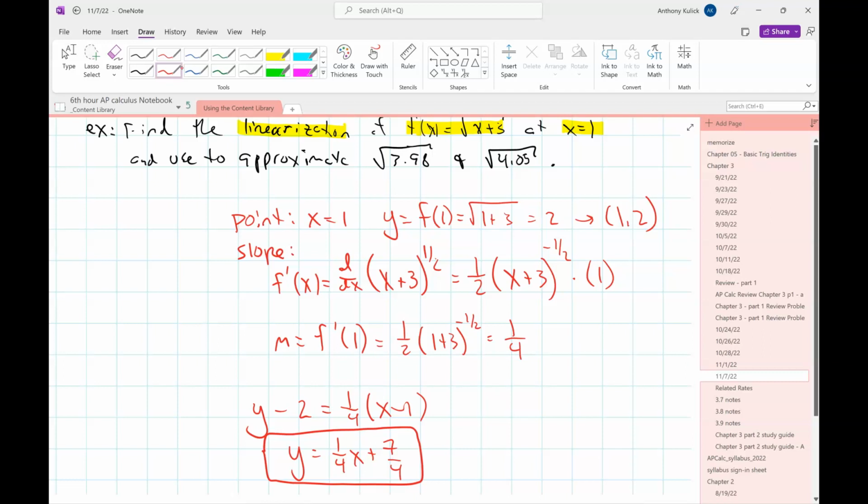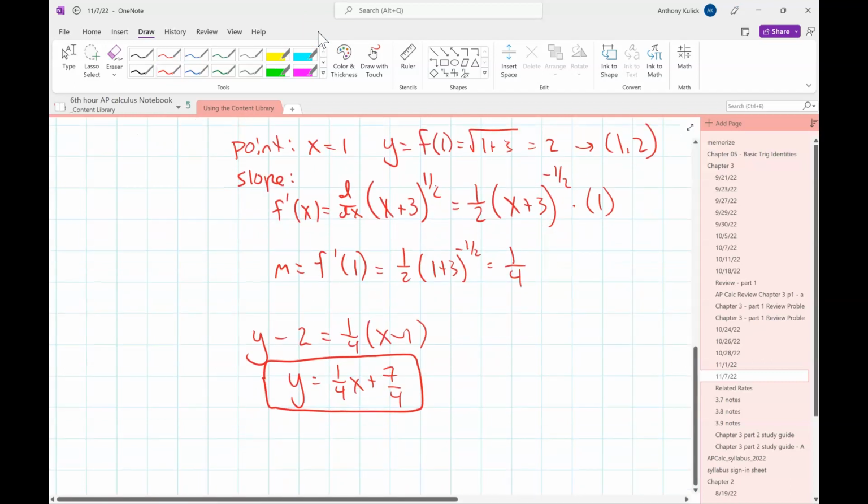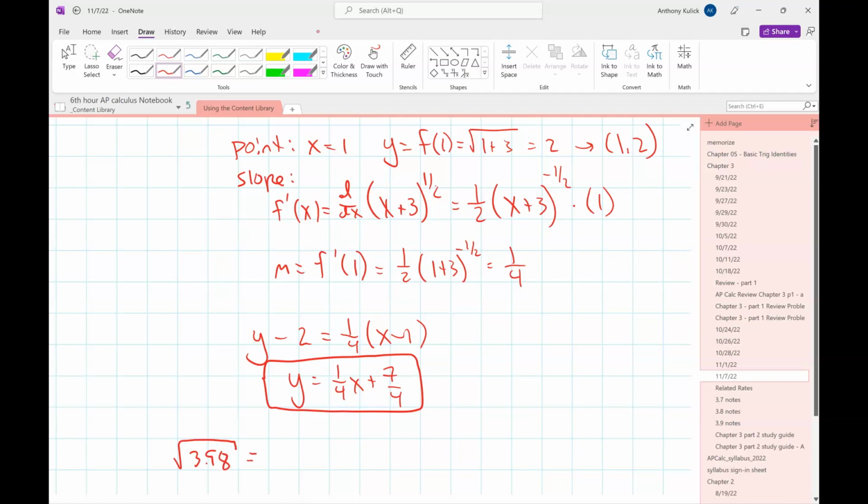Blake? Sure, go ahead. Now, we wanted to approximate square root of 3.98 and square root of 4.05. So I remember that the function I have is the square root of x plus 3. So square root 3.98 must be 0.98 plus 3. So that tells me that the x value there is 0.98.